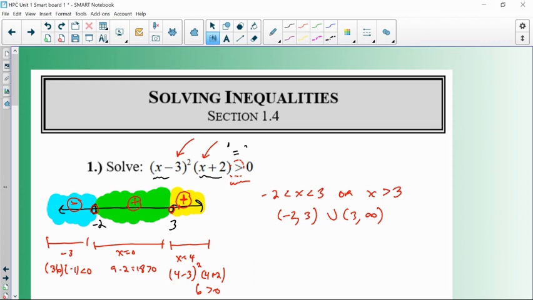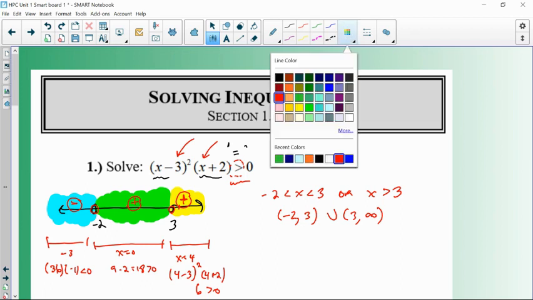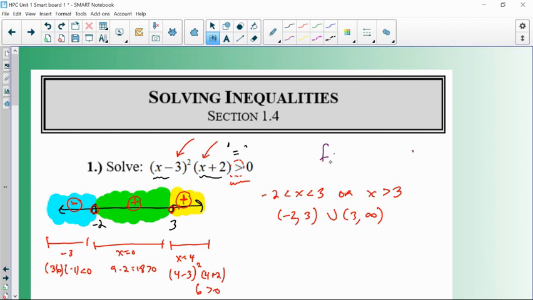Okay, now another way to think about this problem is what if I had asked you to graph f(x) = (x - 3) squared times (x + 2)? The process would be very similar. My overall power function, p(x), would be x cubed.